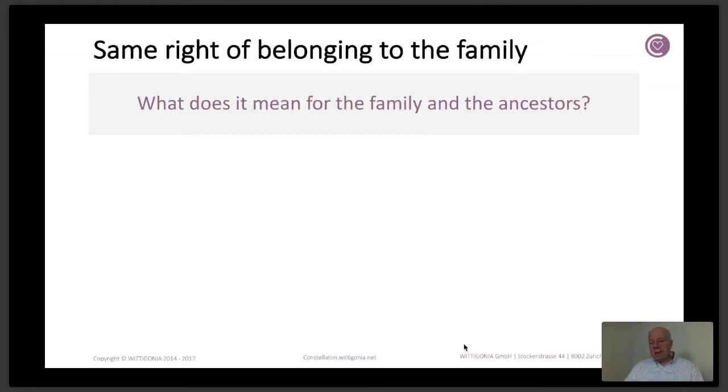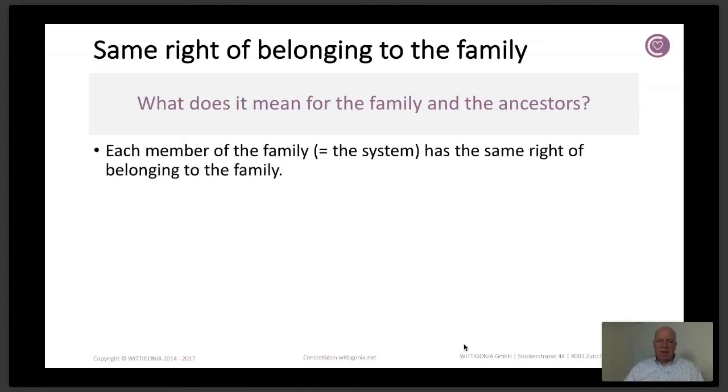Okay, secondly, it's important to acknowledge that everybody who belongs to this family system has the same right of belonging. And what we mean by that, again, is from a pure systemic point of view, not from a legal or formal point of view. And that's something that is very important.